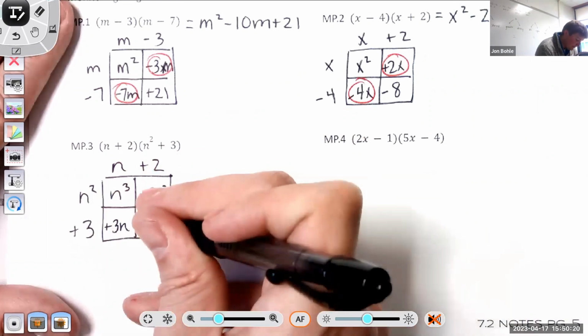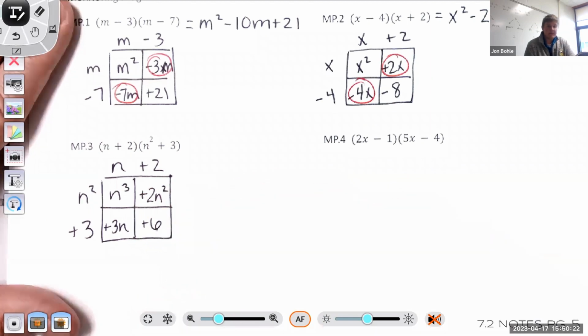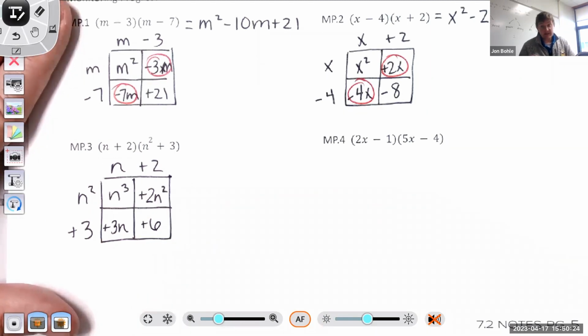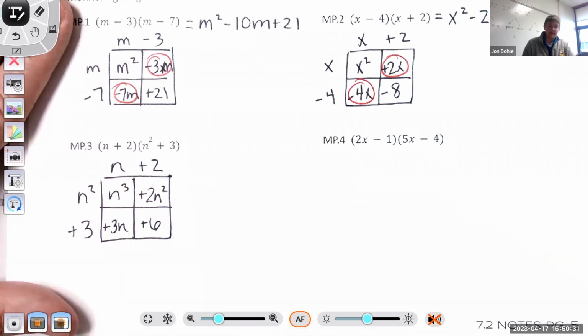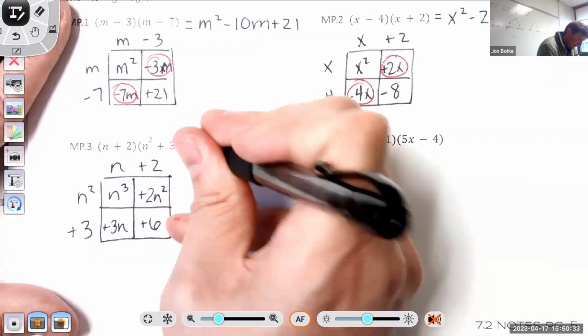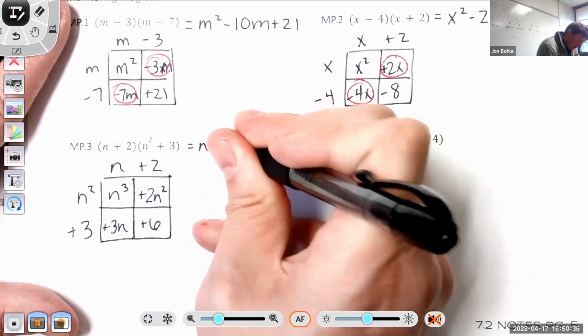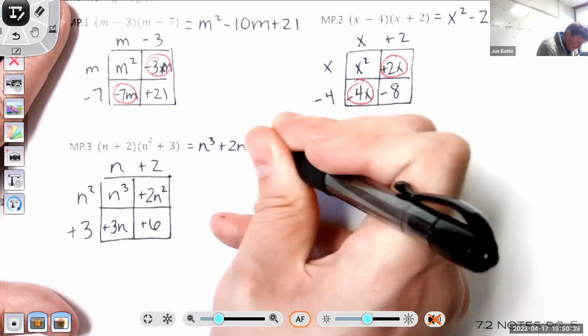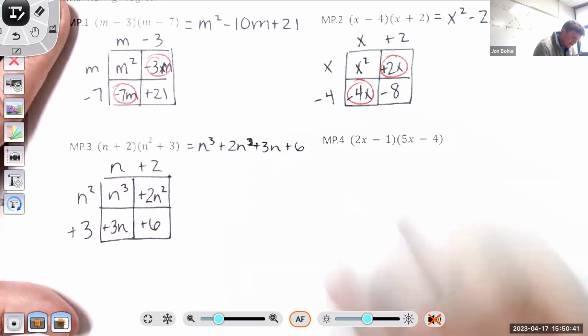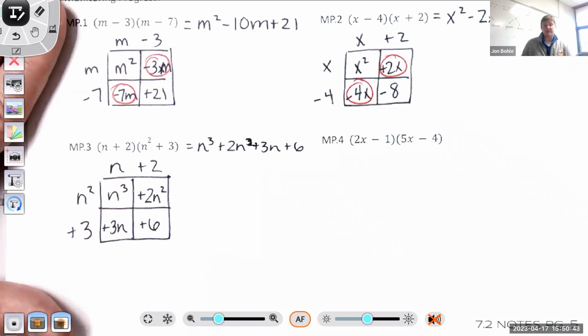Okay, and 3 times 2 is 6. Here is a great example of exactly what I was just talking about. We don't have like terms here. I can't combine 3n and 2n squared. They're not like terms. So we just write them all out, again, in standard form. And that is a 2 there. It's poorly written, but it's a 2.